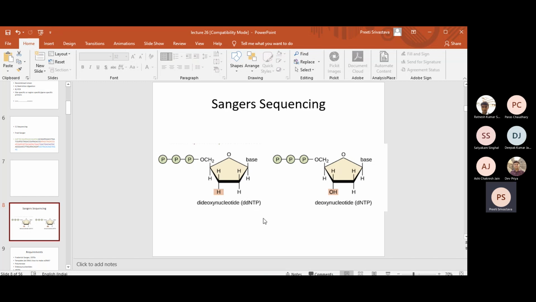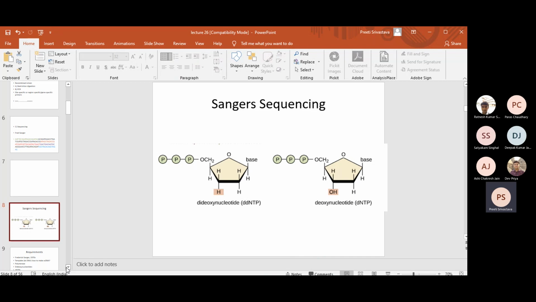Dideoxy NTPs differ in the fact that you do not have a 3' hydroxyl group. So in the absence of the 3' hydroxyl group in the dideoxynucleotide, the chain will get terminated. Correct? Because if you remember, the chain extends from the 3' hydroxyl group. You remember that? Yes, ma'am. That I remember.